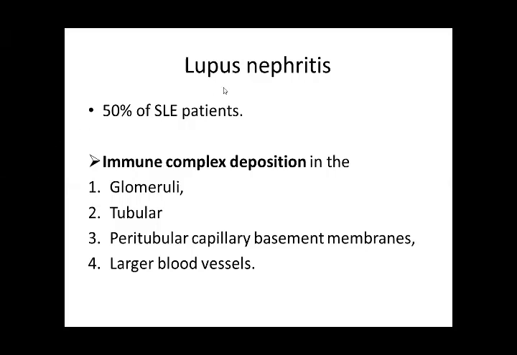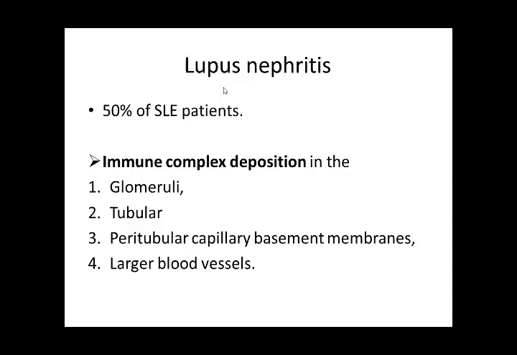50% of the patients of SLE have lupus nephritis. So that is a very big number. Half of the patients who have SLE have lupus nephritis. Immune complexes are deposited in the glomeruli, tubular cells, proximal and distal, peritubular capillary basement membrane, and large blood vessels. How you will remember all of those four entities is very simple.